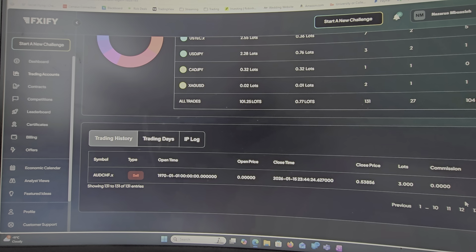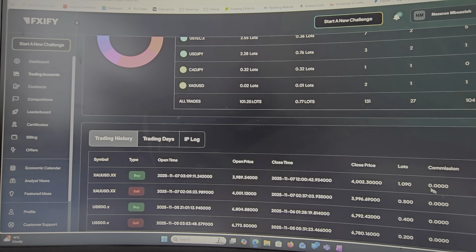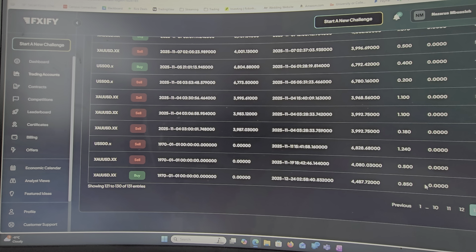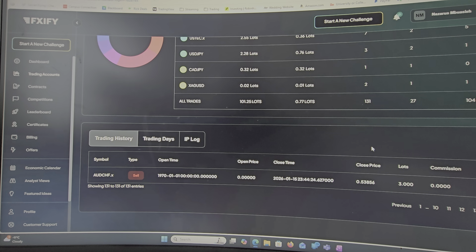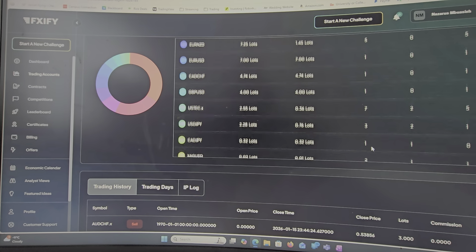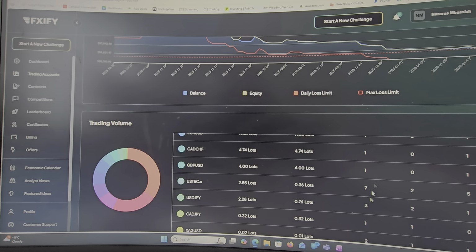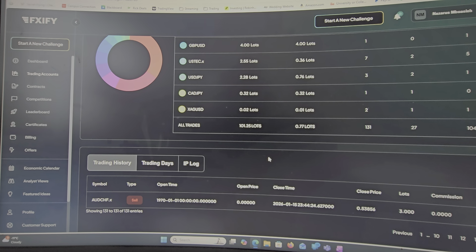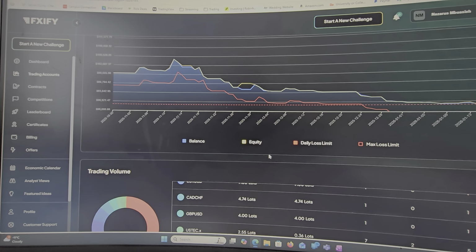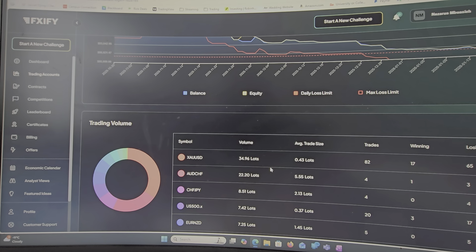Where is the trade? Where is that trade? It was a gold buy. Oh wow. It was a gold buy.